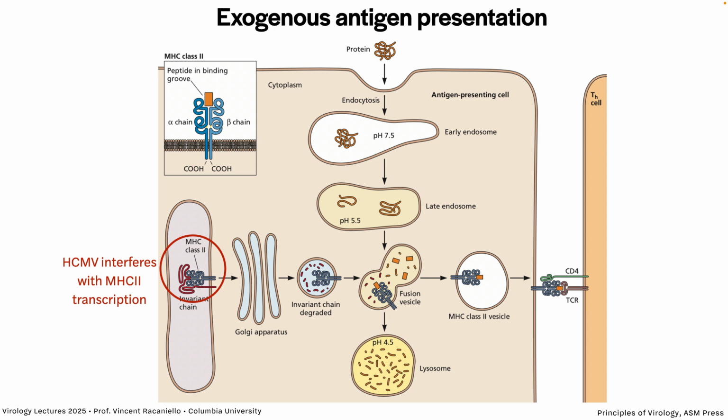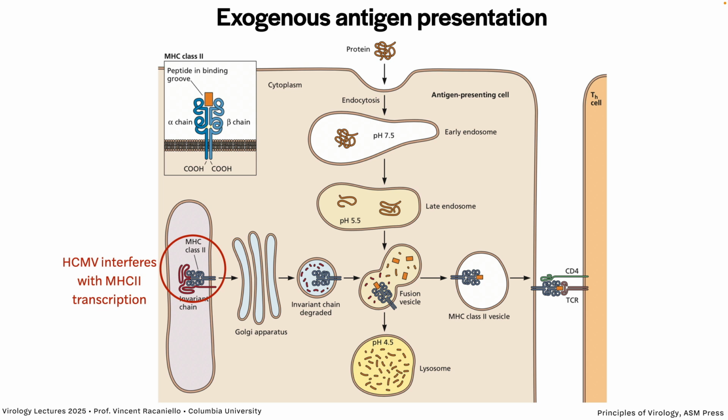So it's an immature dendritic cell. That protein is going to be digested eventually into small peptides, and then it's going to be loaded onto MHC II, which you can see here. That's going to be shipped to the surface to be presented to T cells in the lymph nodes. So that's where the peptides come from.